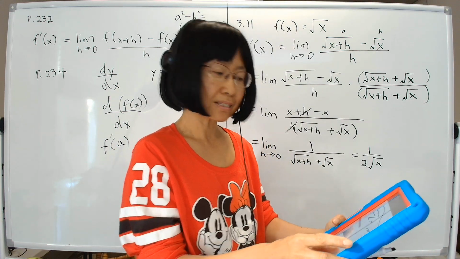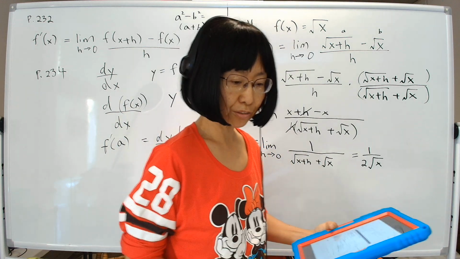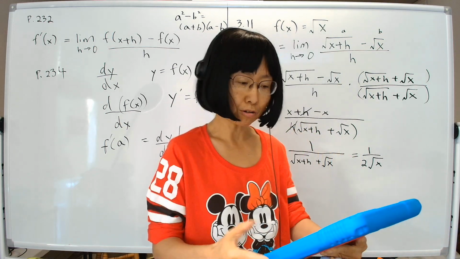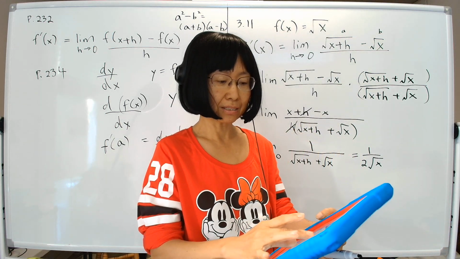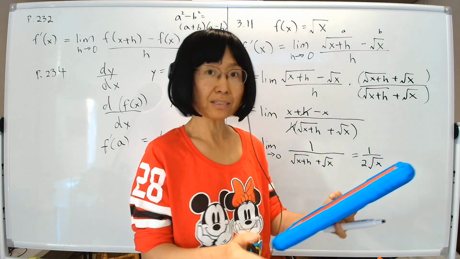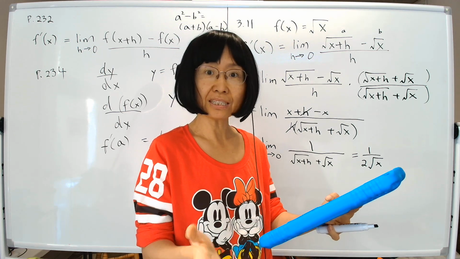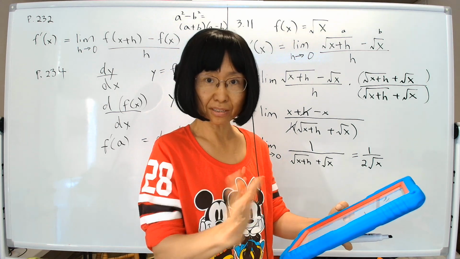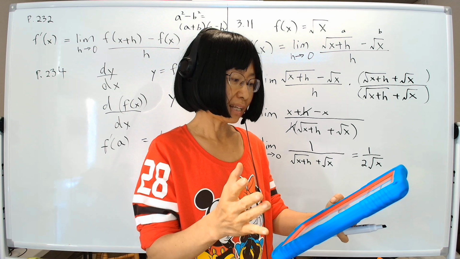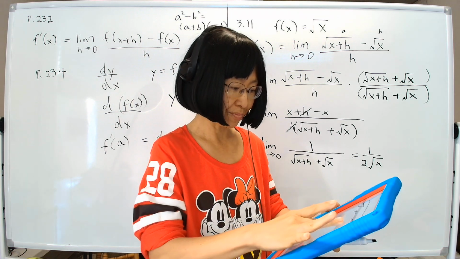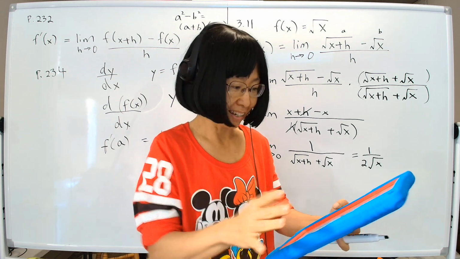Now for the next example, example 3.12, I ask you to do that at home yourself. It's slightly easier than this one, but it's more tedious. You do a lot of algebra, as in addition and subtraction, that kind of thing, and try not to make a mistake.